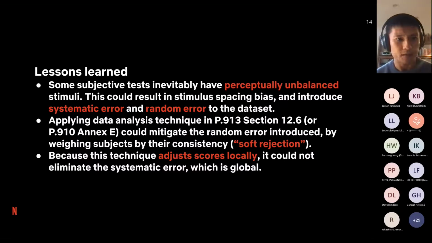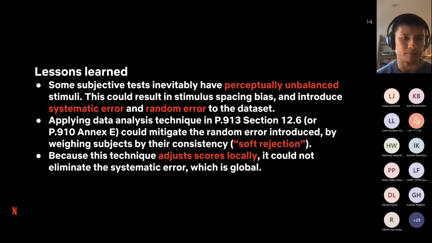So based on these observations, there are a few lessons we learned from this study. The first is that some subjective tests inevitably have perceptually unbalanced stimuli sets. This could result in stimulus spacing bias and introduce systematic error and random error to the data set.